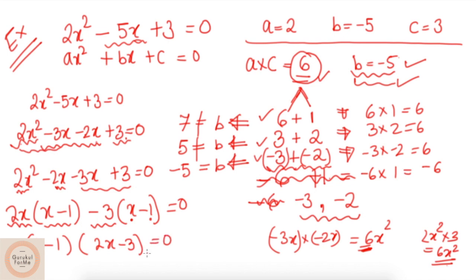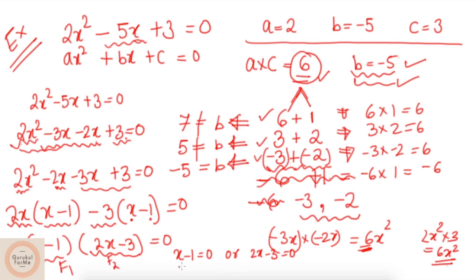Okay. Did you see in the earlier part of the video we got two things here? This is factor 1 and this is factor 2. What did we say? We said factor 1, x minus 1 is equal to 0 or 2x minus 3 is equal to 0. Brilliant.